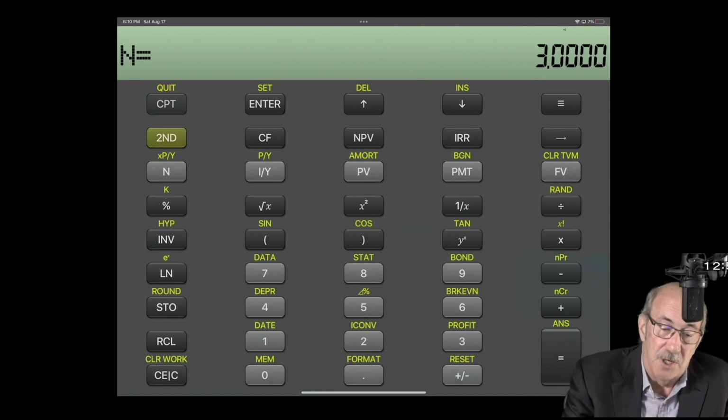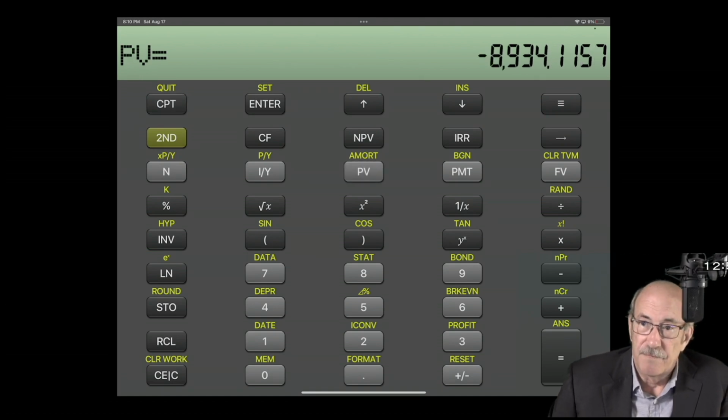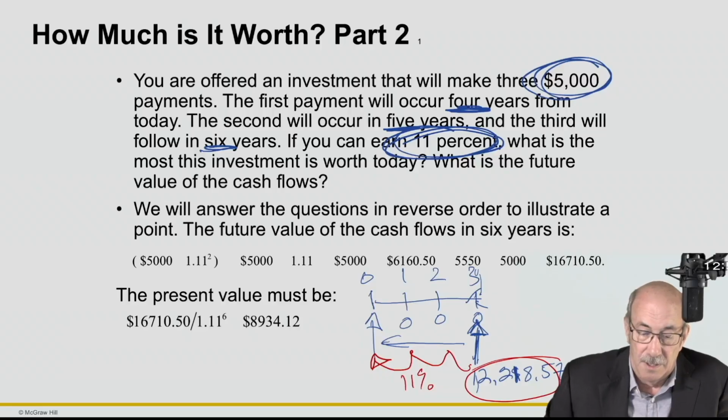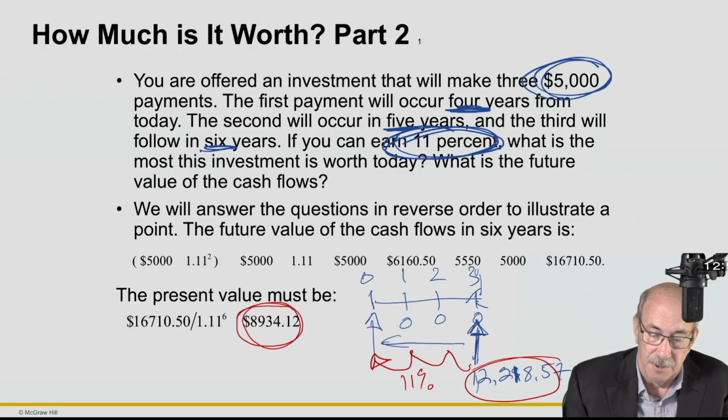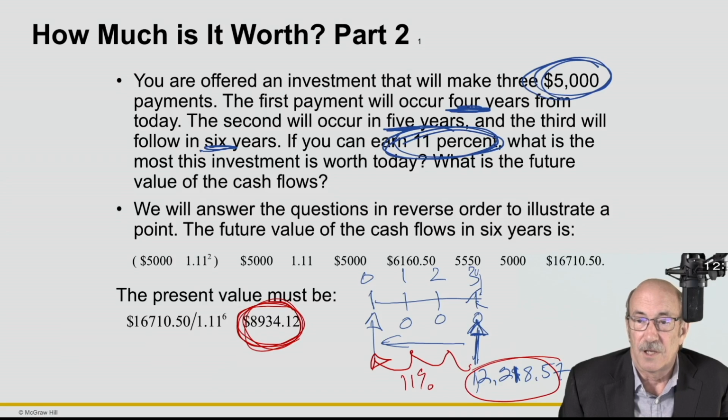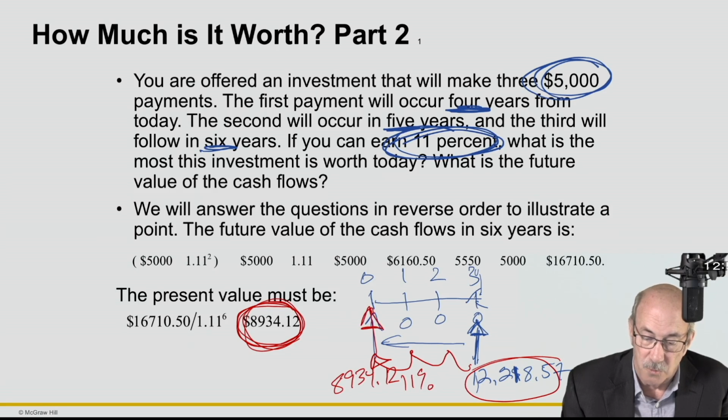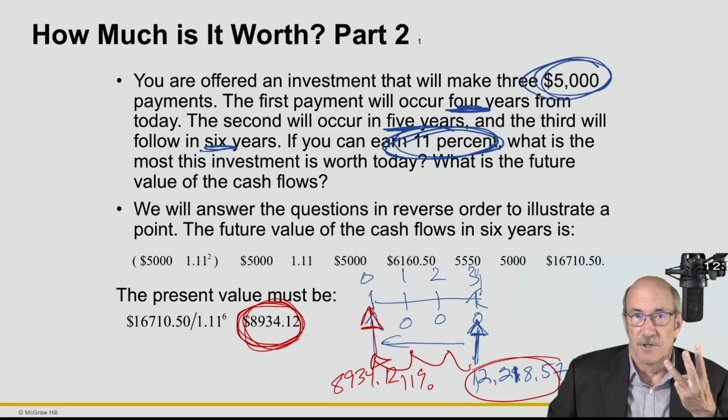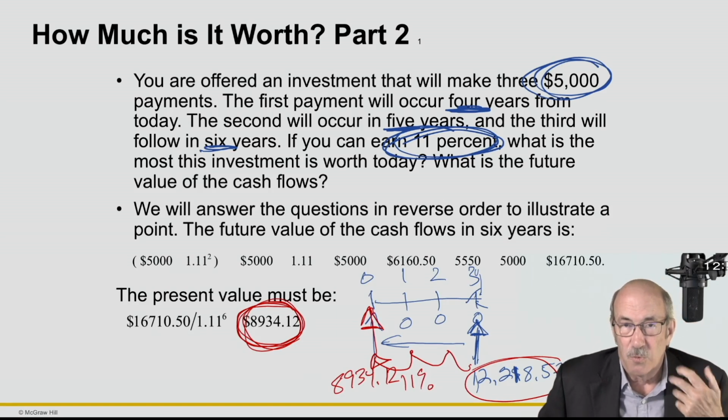Now I'm computing my PV, and I get 89.34 and 12 cents. That's 89.34.12. That's what those 3 cash flows in years 4, 5, and 6 of $5,000 each would be worth today if they had a risk equivalent to a discount of 11%.